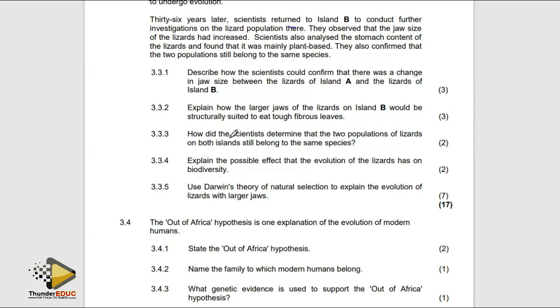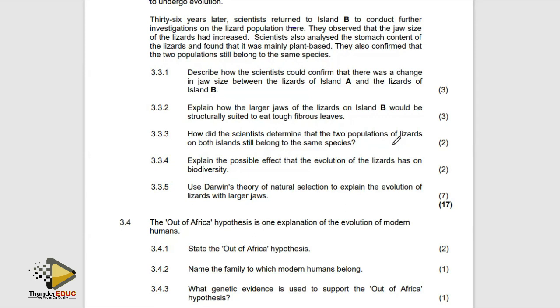How did the scientists determine that the two populations of the lizards, both on island, still belong to the same species? Don't forget that a species is made of organisms that can interbreed to produce fertile offspring.